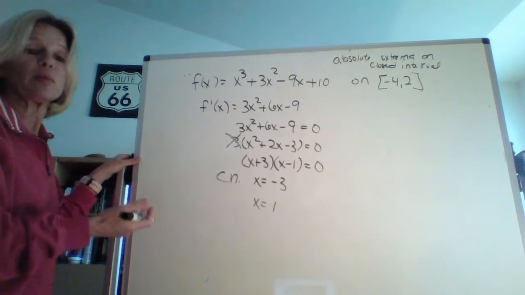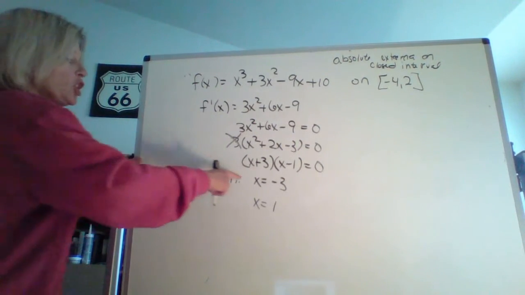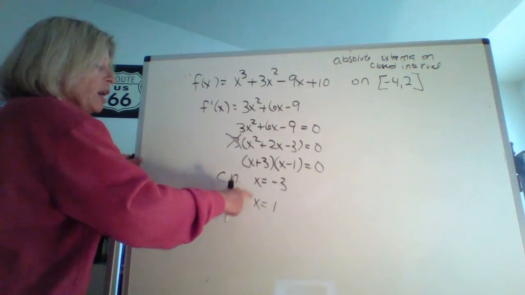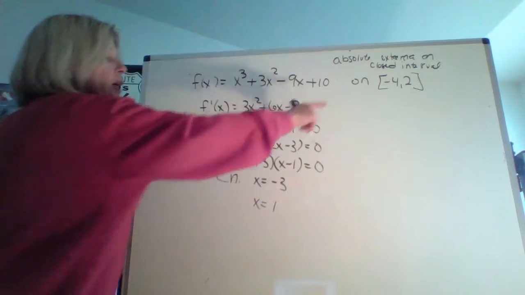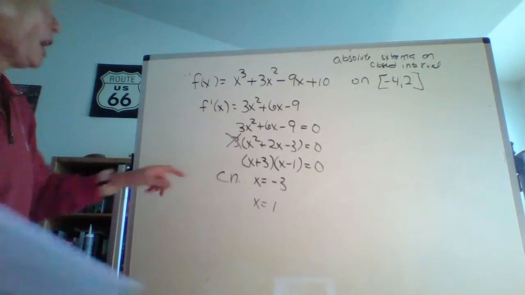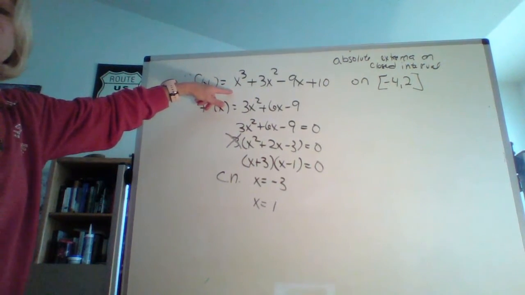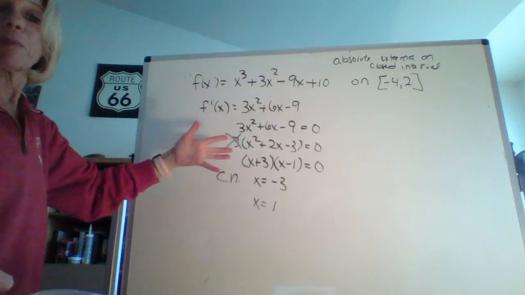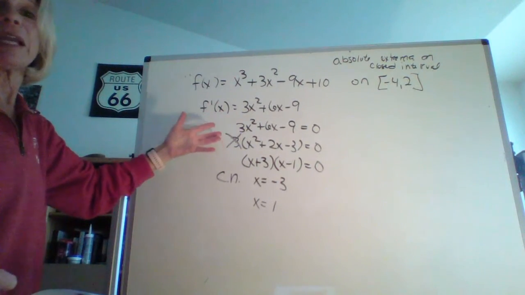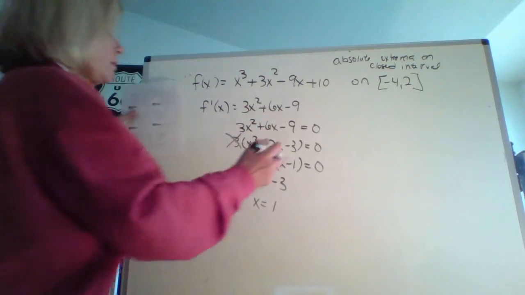Now, to determine where my maximum and minimums are, I'm going to check the values of the critical numbers, and I'm going to check the values of the endpoints. And I do that by substituting into my original function. Because remember, maximums and minimums are the y values.